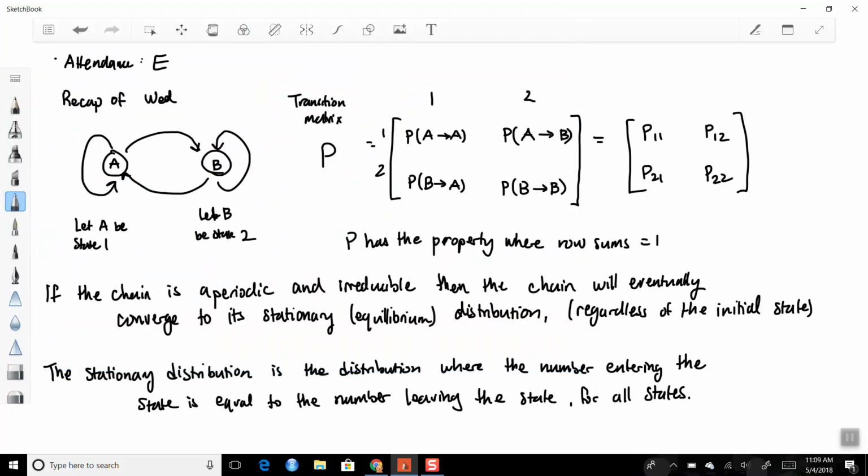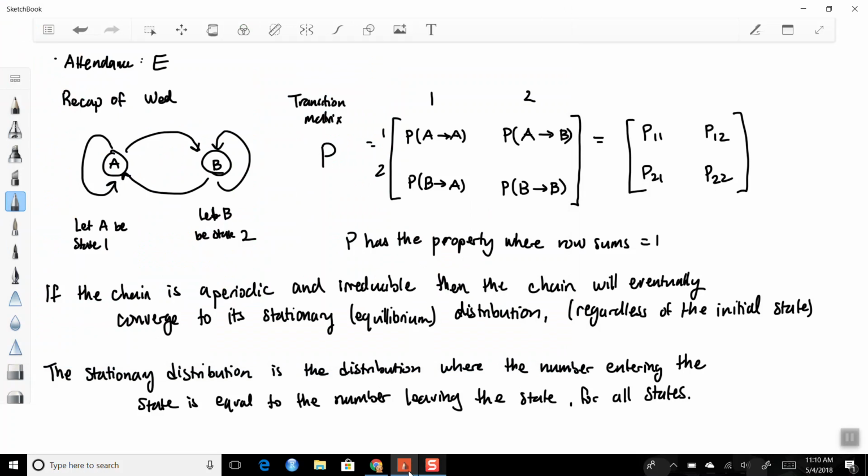So when that happens, we've reached equilibrium, or our stationary distribution, which means the number leaving state A is equal to the number coming into state A, and the number coming into state B is equal to the number leaving state B. And if you have more than 2 states, if you've got like 10 states, you're at the stationary distribution when all the numbers coming in are equal to the numbers going out. Okay.